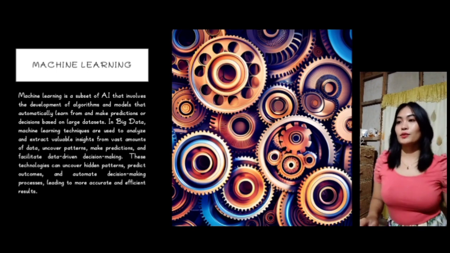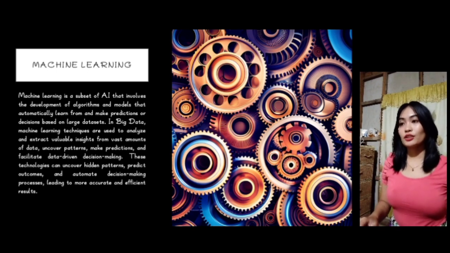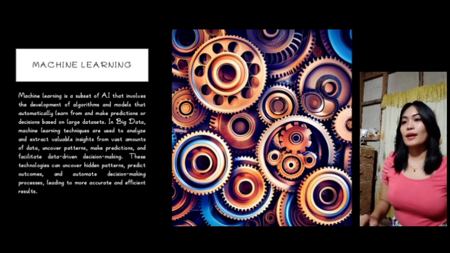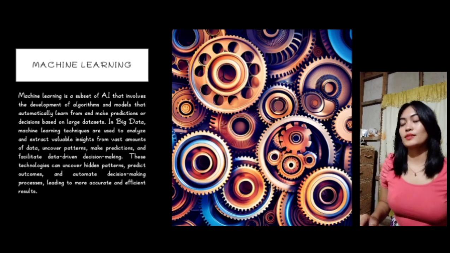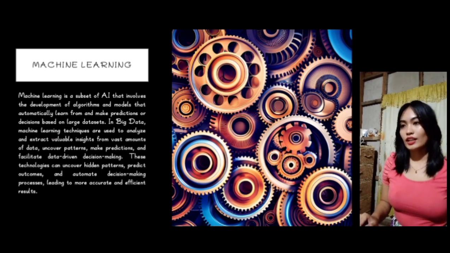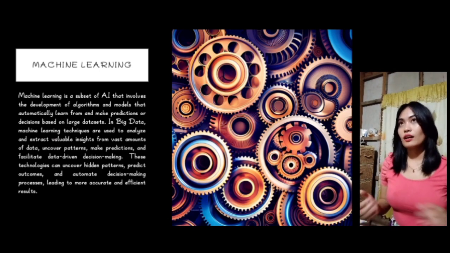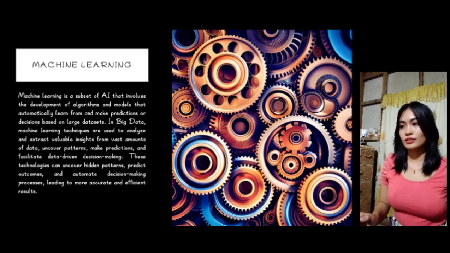And medical diagnosis, they also use machine learning algorithms. It could assist them in diagnosing medical conditions based on patient symptoms, medical history, and diagnostic test results. For example, machine learning models have been developed for diagnosing diseases like cancer, diabetes, and heart conditions.